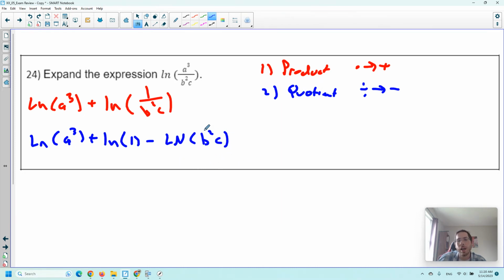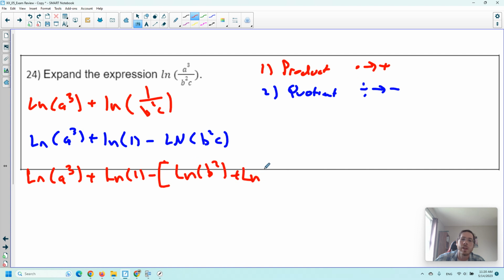And now this one's a little bit odd because I see I have another multiplication. So I'm going to come back and use the product rule one more time. So I have ln of a to the third plus ln of 1 minus ln of b squared plus ln of c. All right, and then the third rule is the power rule.